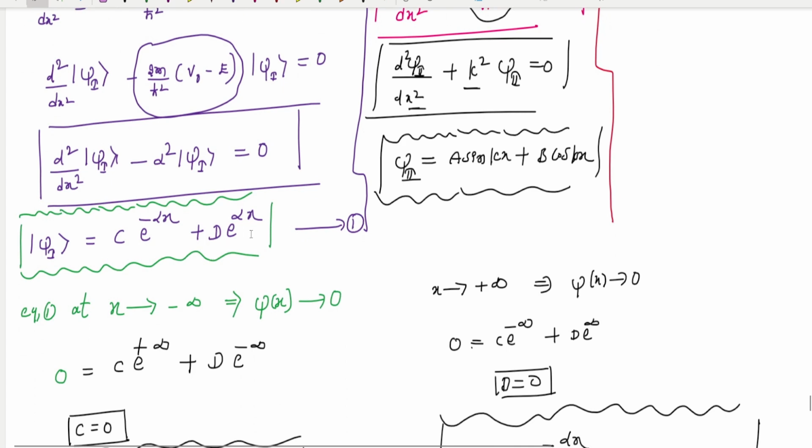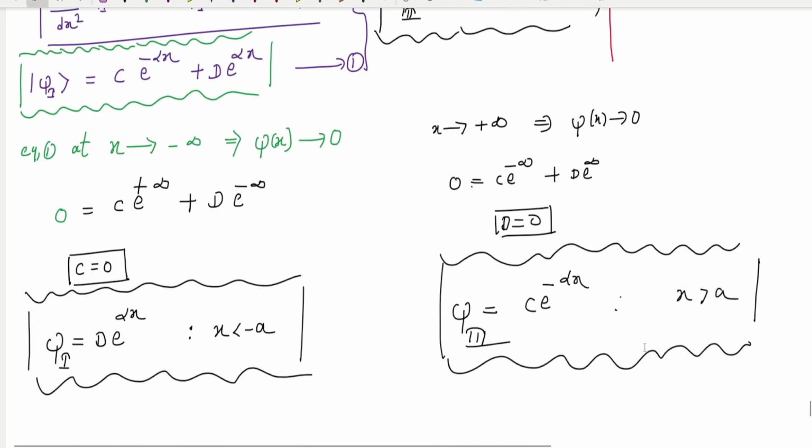Now I'm going to apply a solution. Two boundary conditions are there. X is equal to minus a, x is equal to plus a. Because the particle potential well is a finite potential well, I can choose the minus value on one side and the plus value on the other side. Okay. So if I apply the two boundary conditions, then I can get two different solutions.